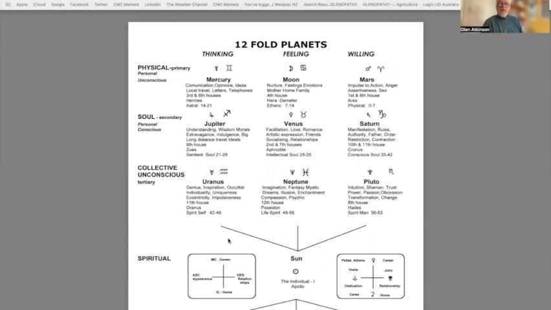So these are primary activities of the thinking. So this is your personal thoughts and your way of communicating and your opinions. The moon is your feelings, your emotions, and how you are personally nurtured. And Mars is your personal actions and how you feel impulsed to do things.